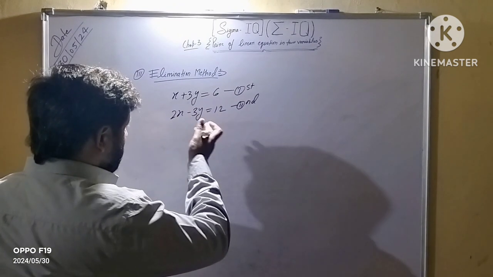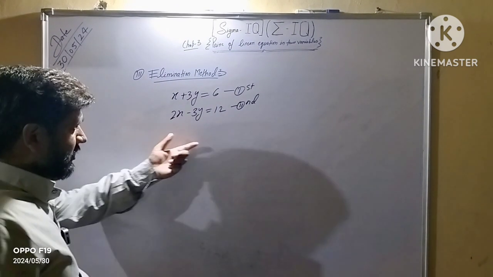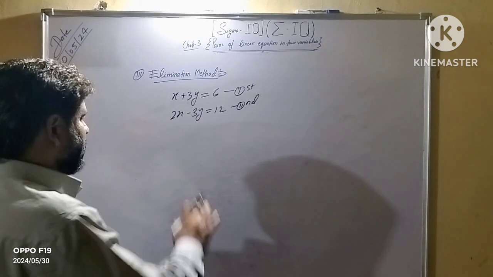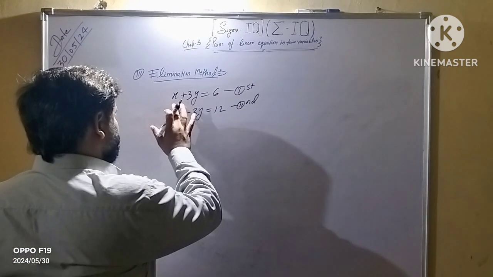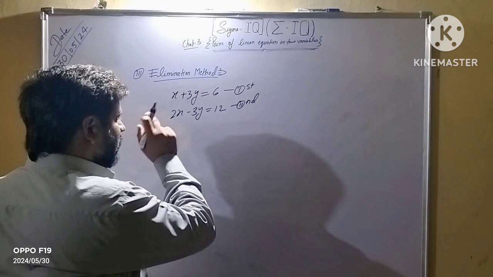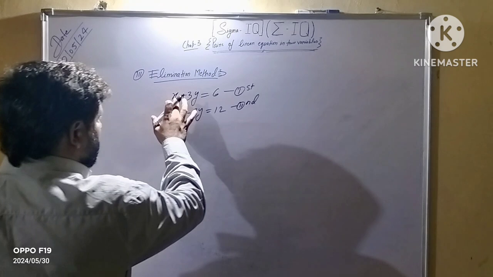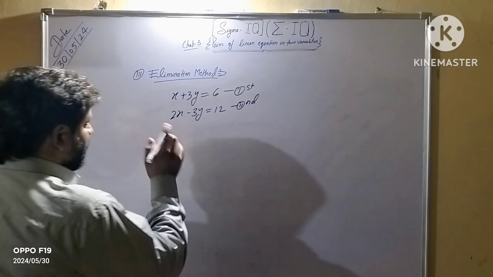Now we will get 3x equal to 18. In another way, we can also eliminate in terms of x. So to make both the same, we have to multiply equation number first by 2.